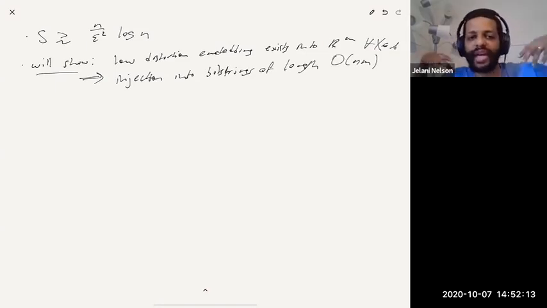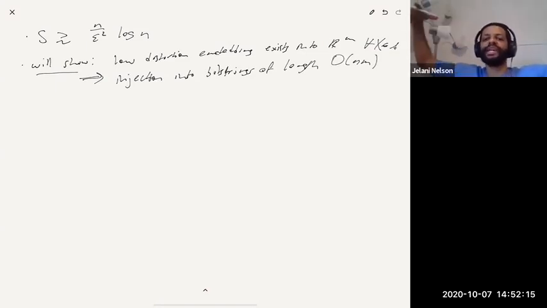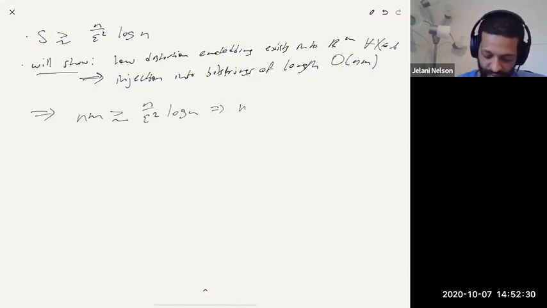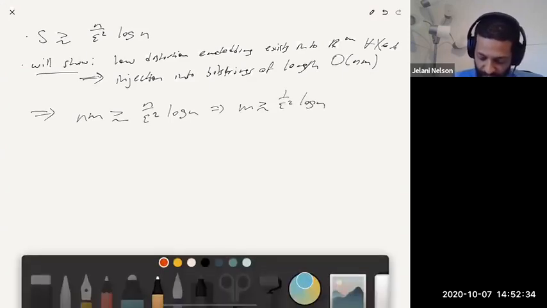So I'm going to show you that if every single one of these point sets has a low distortion embedding into m-dimensional space, that implies the existence of an injection into bit strings of length nm. So that implies that nm has to be at least, up to a constant, n over epsilon squared log n, which implies that m has to be at least 1 over epsilon squared log n. That's where our lower bound is going to come from.